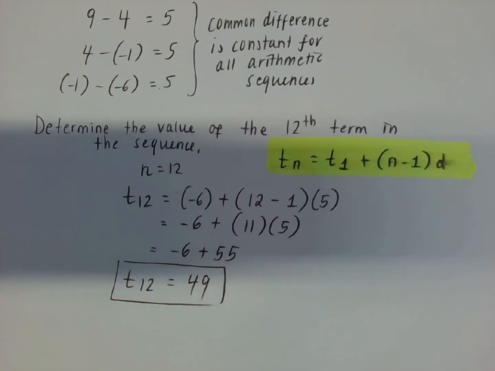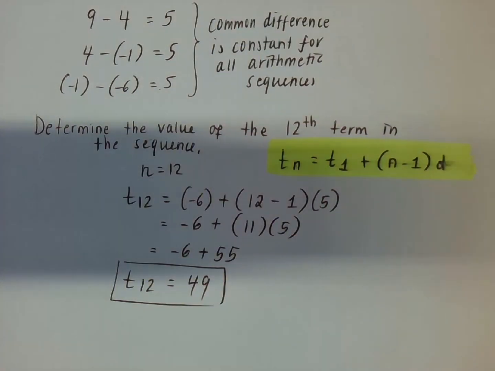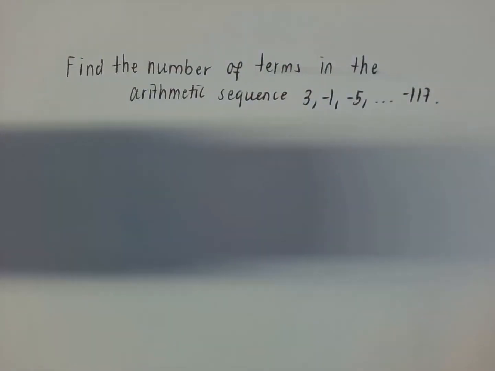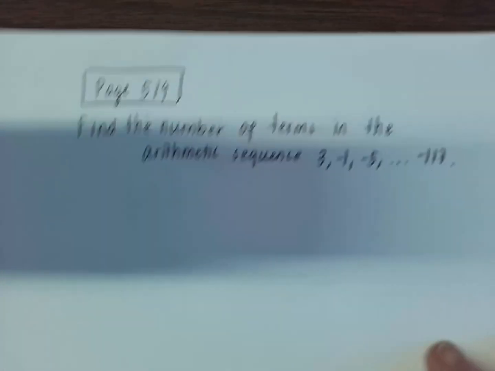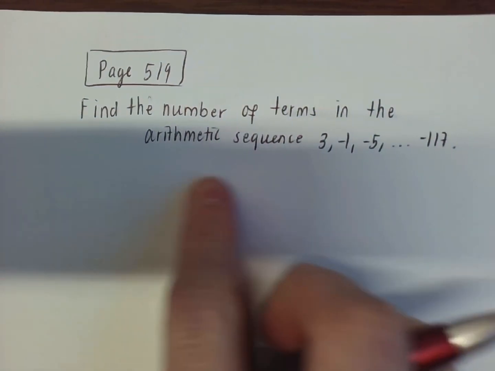So yeah, that's how you can determine that. So here's another question from page 519, which is kind of interesting. Find the number of terms in the arithmetic sequence here.